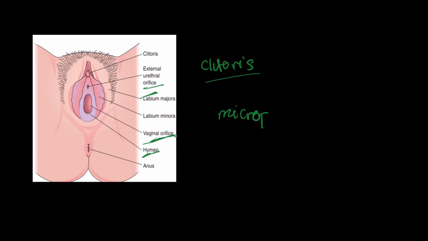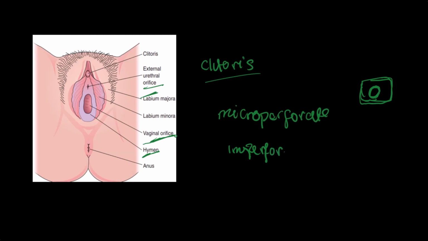Now there are different conditions of the hymen. We could have a microperforate hymen, where we have the hymen covering the vaginal orifice, leaving only a small hole for menstrual flow.